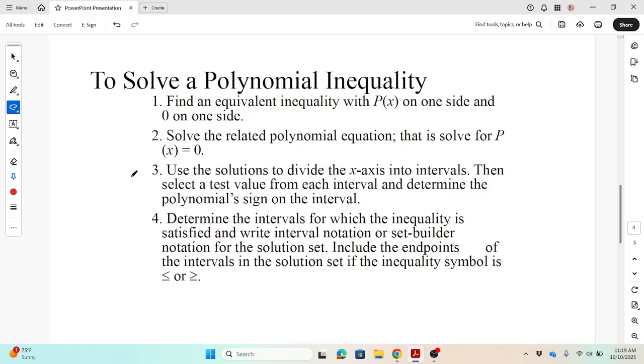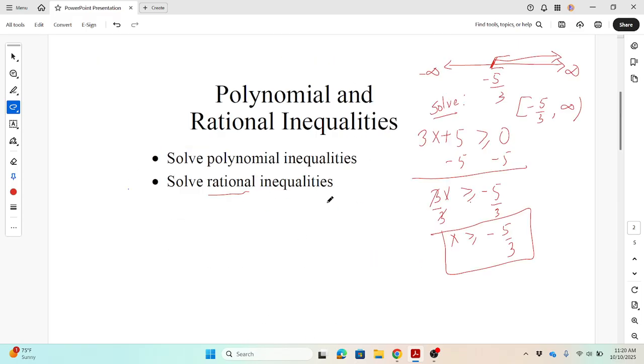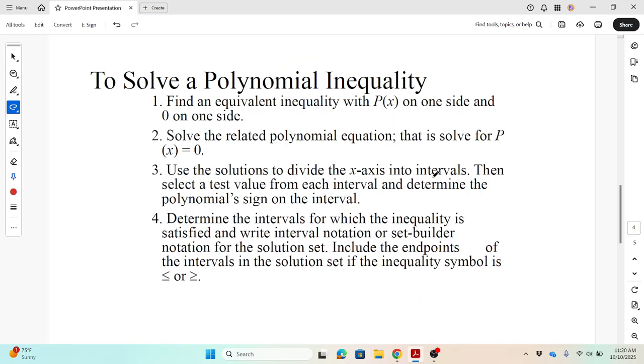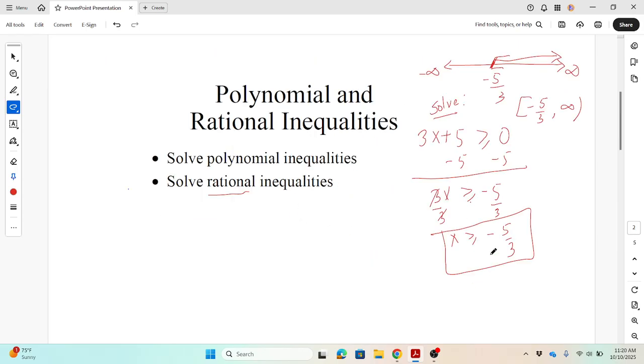You can use the way I did in this example, or you can first find the solution of the equation, which gives you the x-intercept. For example, in this question, if you convert that inequality into an equation, the solution would be x equals -5/3.